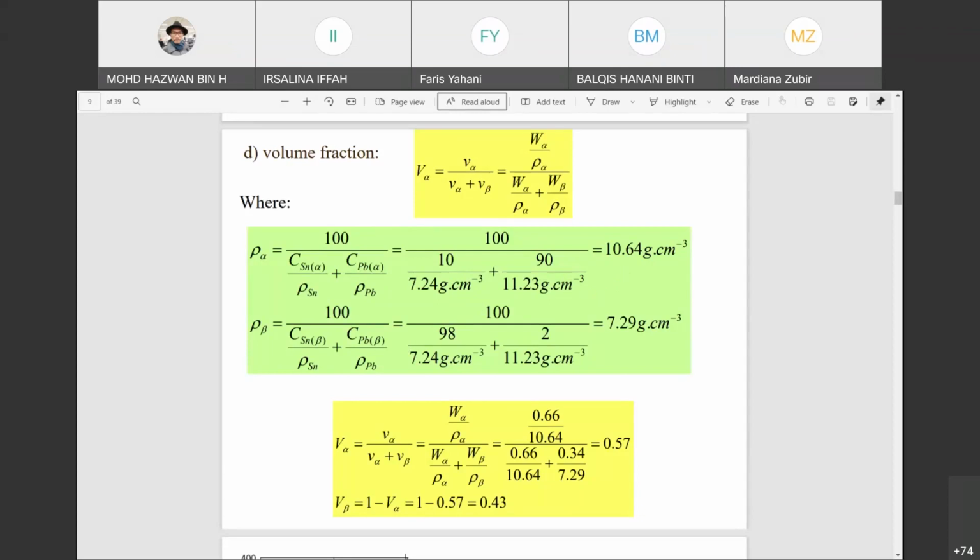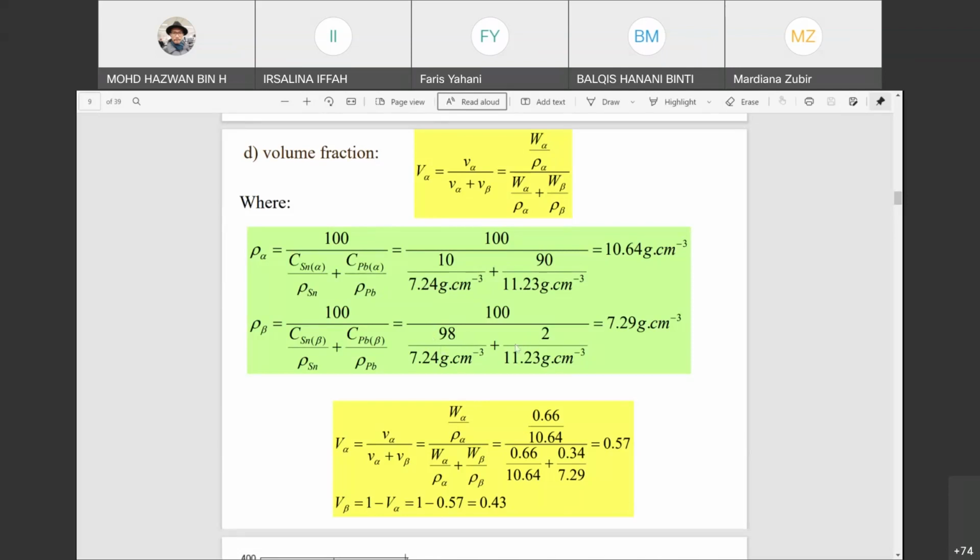Meanwhile for beta, the density of beta, the same thing: 100% over the composition of tin for beta. The composition of tin, just now we read from the phase diagram, is equal to 98.